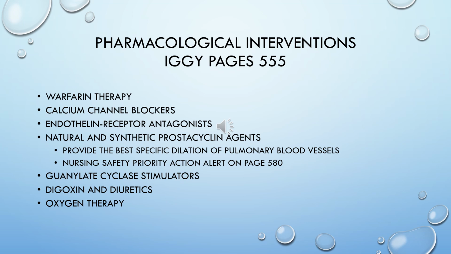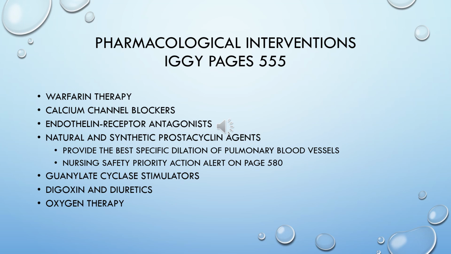We may use these endothelin receptor antagonists as well as the prostacyclin agents. And these, I'm going to butcher this word, guanylate cyclase stimulators. The endothelin receptor antagonists, the prostacyclins, and the guanylate cyclase stimulators are the three that are the best used for this particular disease process.